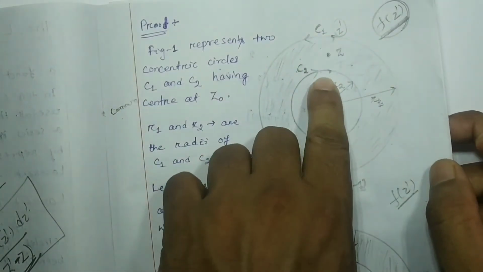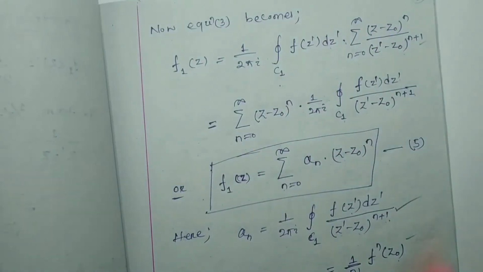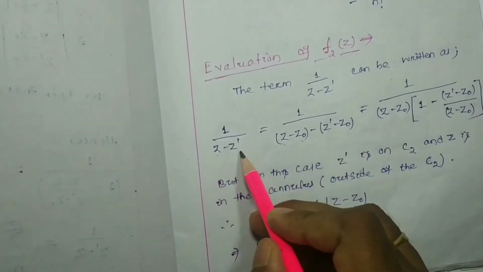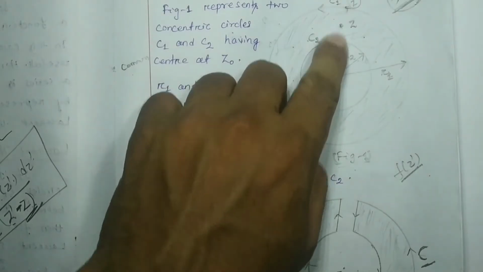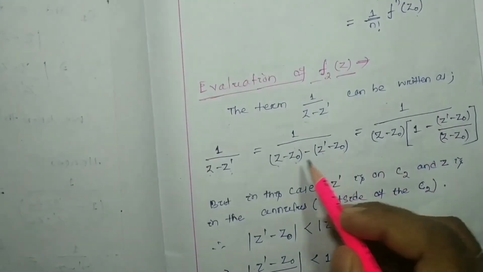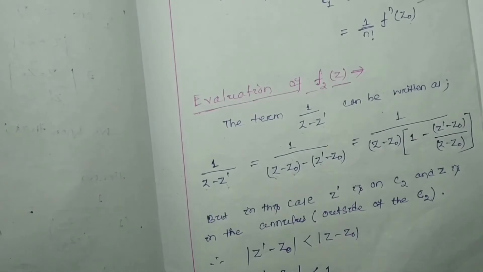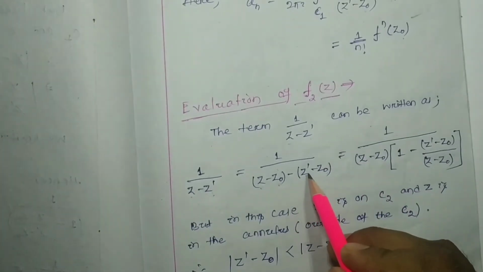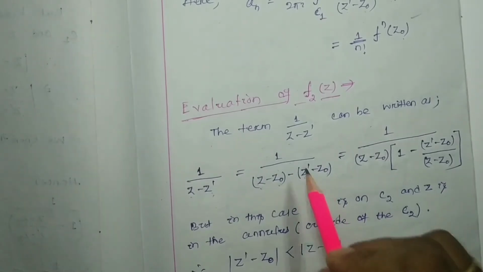When we consider C2, the smaller one, then at that time z minus z0 is written as (z minus z0) minus (z' minus z0). Here z' is on the circumference of C2.